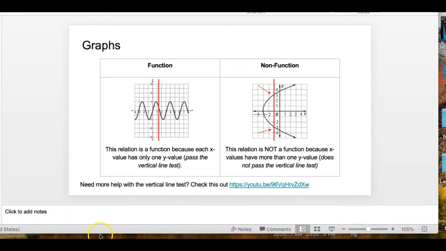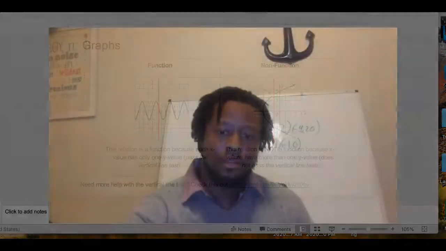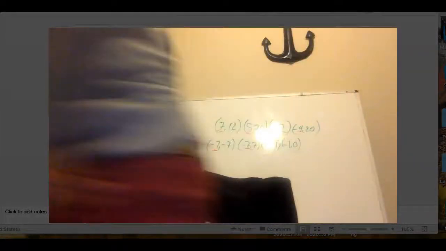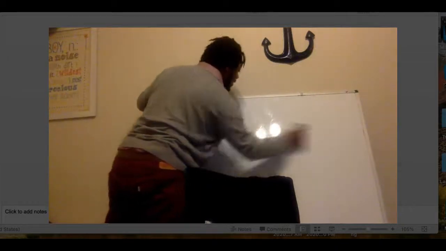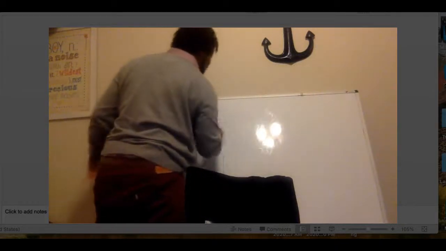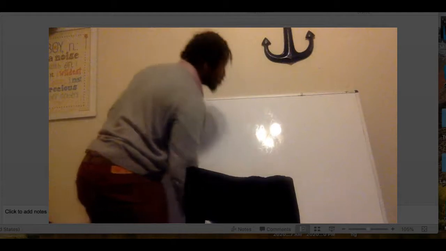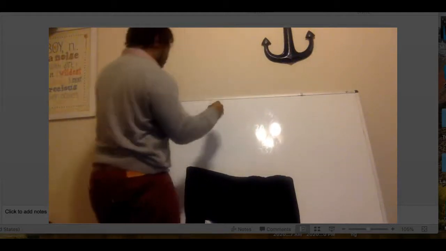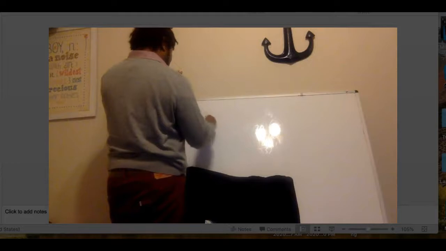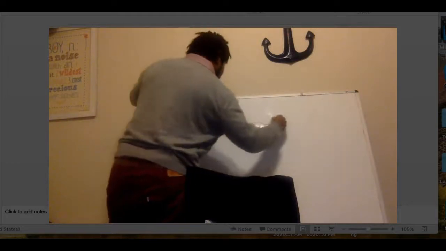Let's go to the board and I'm going to demonstrate what this vertical line means, okay? There we go. All right, so vertical line test says that if you draw a vertical line directly through your relation, it should only cross one time. Okay, so I'm gonna draw a couple of these on here. Let's do something like this. Let's do a little squiggly.